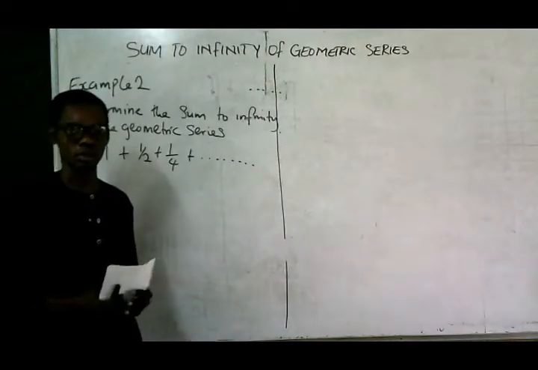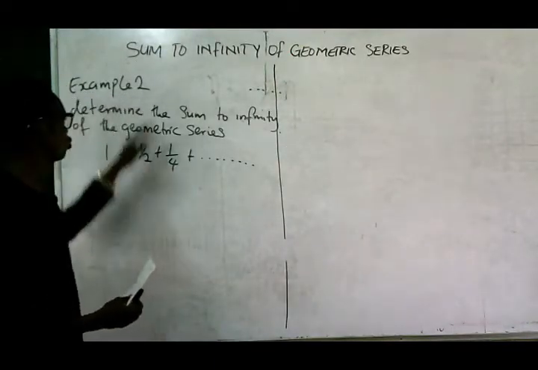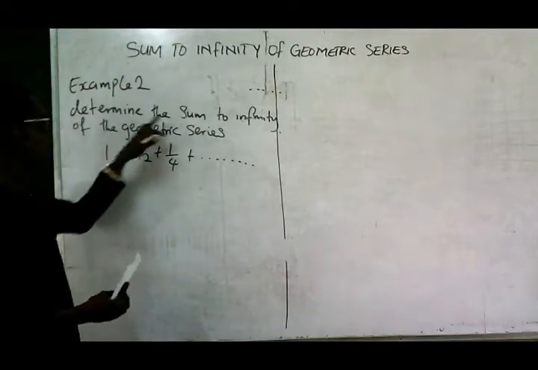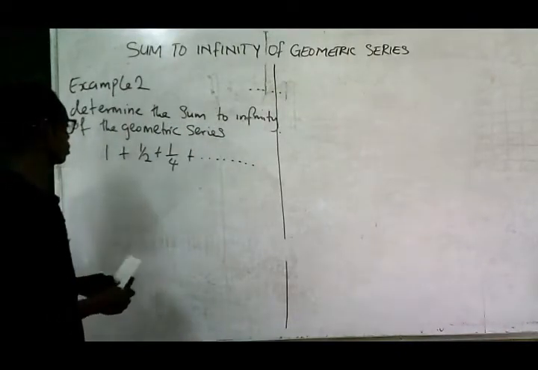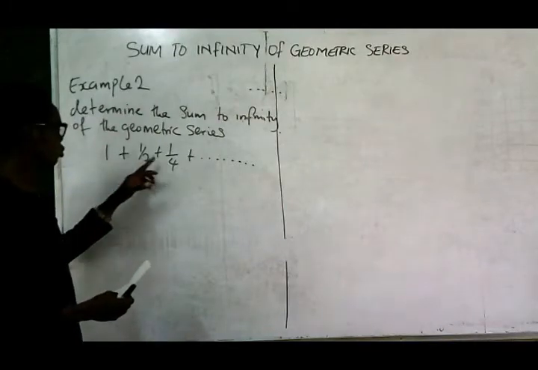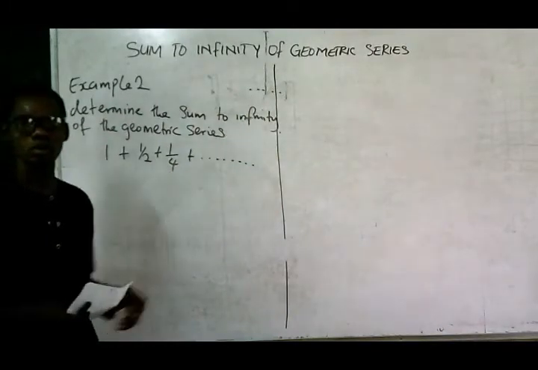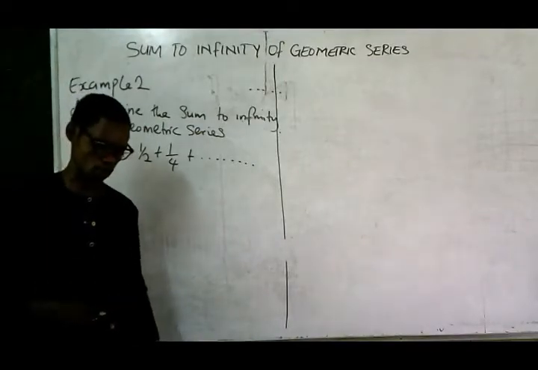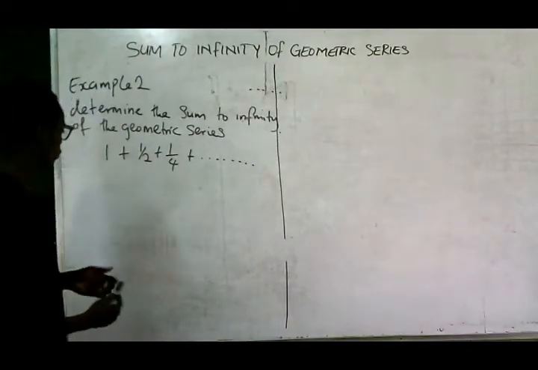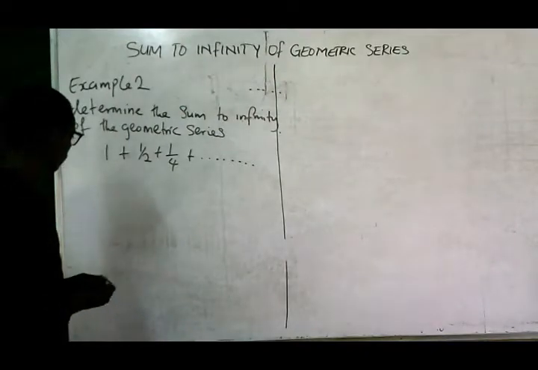Here is another example. Example 2. Determine the sum to infinity of the geometric series 1 plus 1 over 2 plus 1 over 4 to infinity. What we first of all do is this. The first term is 1.